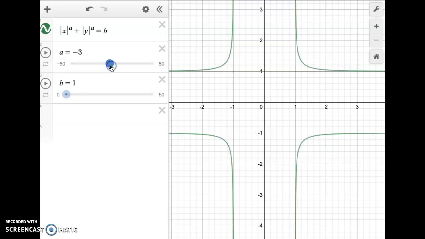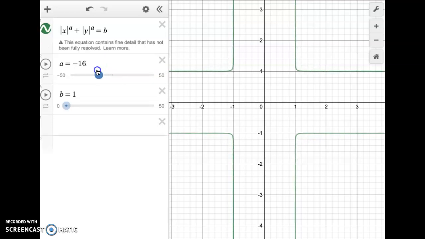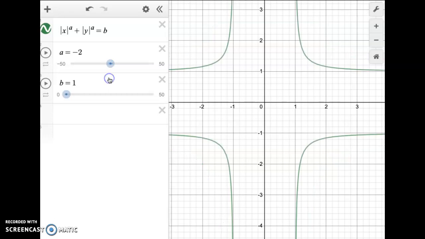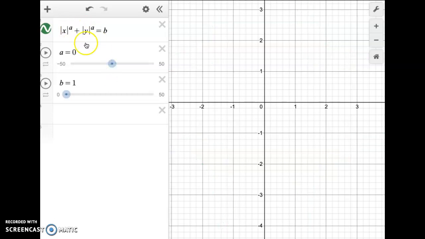And then here at -3, again, this cross shape is formed. So just continuing to look at the pattern, we see that it does indeed follow that of what an even exponent would look like. So from this, we can conclude that when the base is an absolute value, the exponents are going to act the same way as the even exponents.